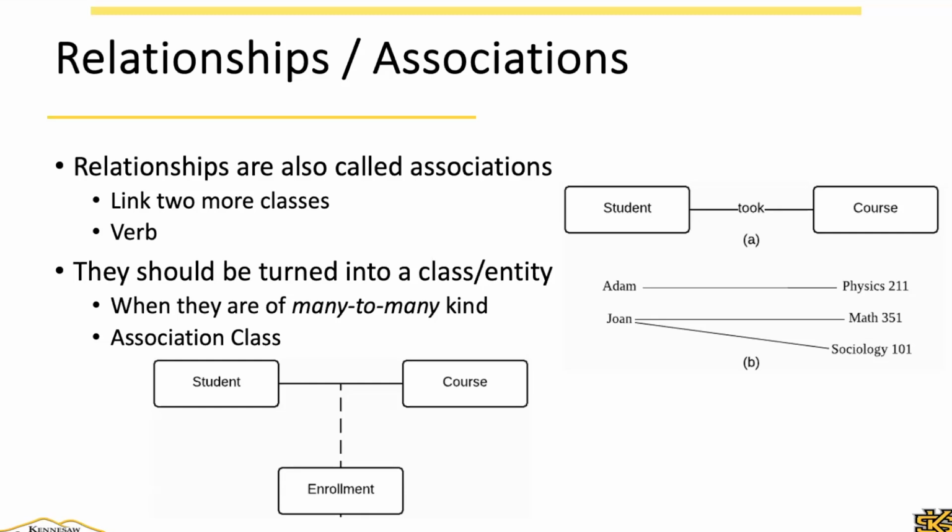This type of relationship is called a many-to-many relationship because both sides can be associated with many instances of the other class. One student can enroll in many courses and one course can have many students. So it's a many-to-many relationship. However, there's a catch. In a relational database, many-to-many relationships are problematic.